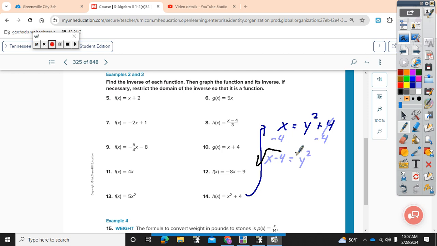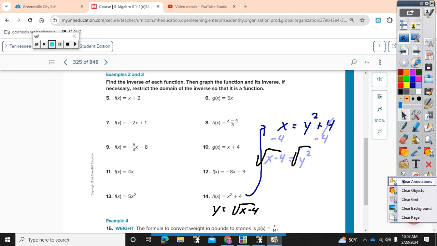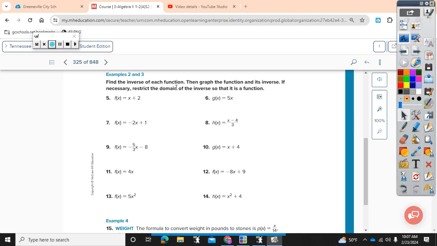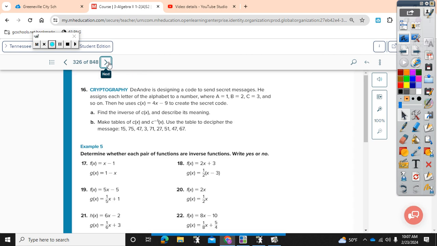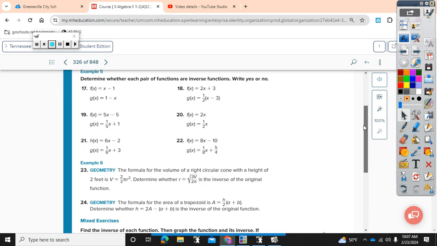So to finish this thing, I will square root both sides, and my inverse is going to be y equals the square root of x minus 4. So that's number 14. By the way, I realize I'm doing some of your homework problems, so that just gives you less to do. I still expect you to have the answers. Let's go to the next page.